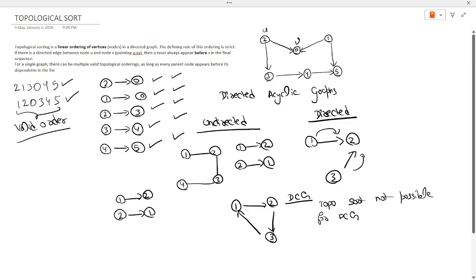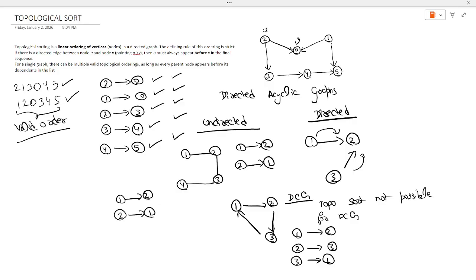a directed cyclic graph because it says 1 should appear before 2, it says 2 should appear before 3, and it says 3 should appear before 1. So the algorithm would get stuck in an infinite loop because it says in order to complete task 2, you should first complete task 1.